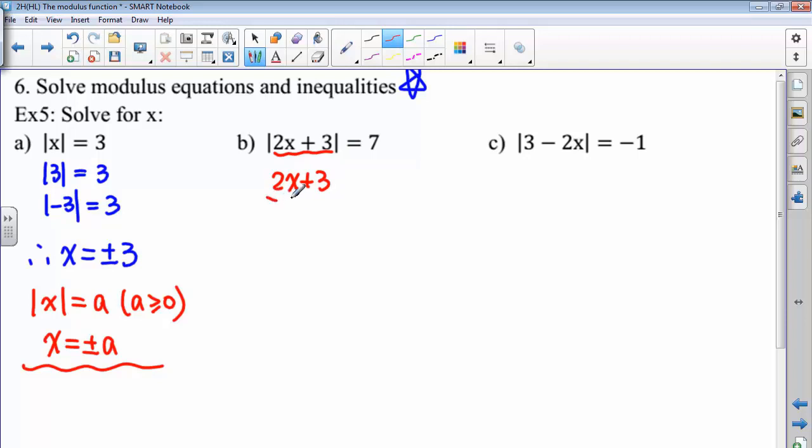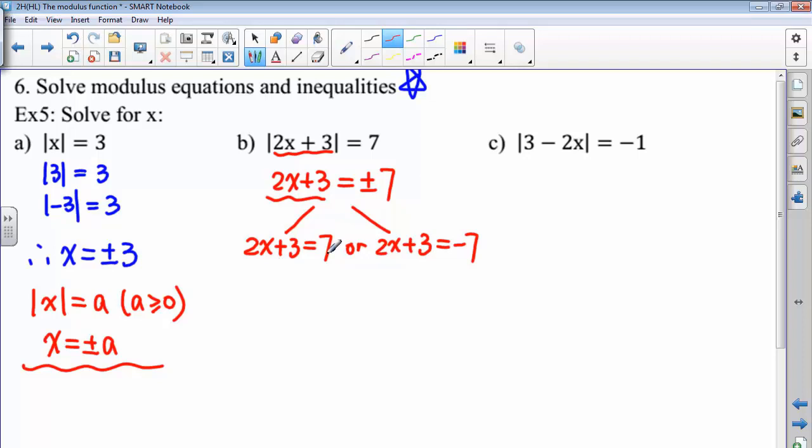I will take this as one family. 2x plus 3 equals plus or minus 7. So 2x plus 3 can be positive 7, or 2x plus 3 can be negative 7.